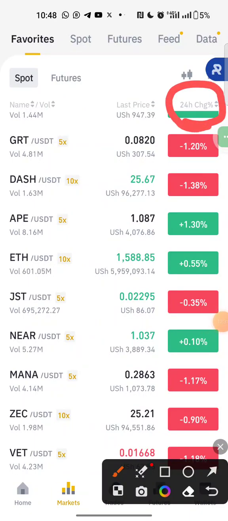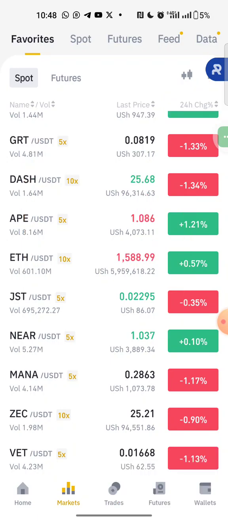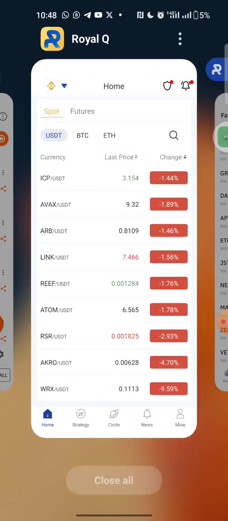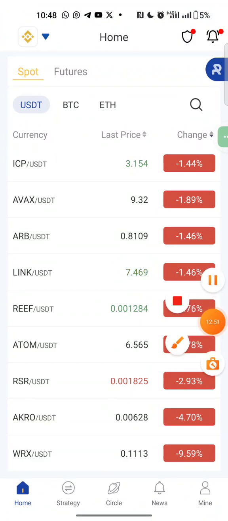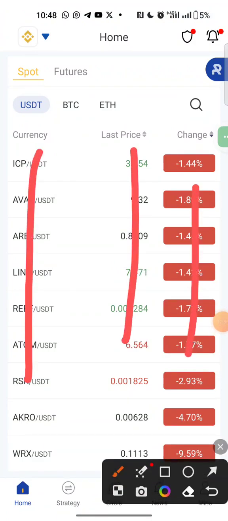In your Royalq you have the currency, you have the last price, and you have the 24-hour percentage change. As you have it here, it is also here in your Royalq: currency, last price, percentage change.